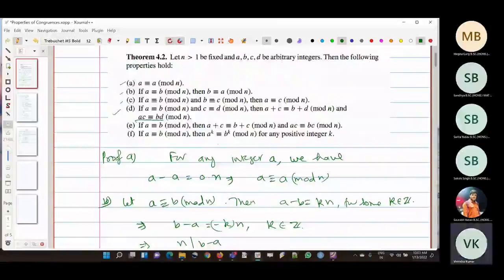So here in part E we have seen that if A is congruent to B modulo n, then A times C is congruent to B times C modulo n. So the question is, is the converse also true?